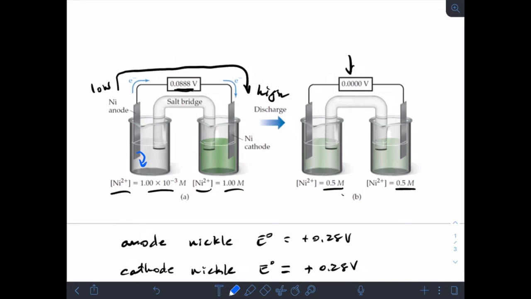On the cathode side, the nickel 2 plus is becoming nickel solid. So my nickel cathode will gain in mass, my nickel anode will lose mass, but eventually my concentration of ion solution on both sides will equilibrate.